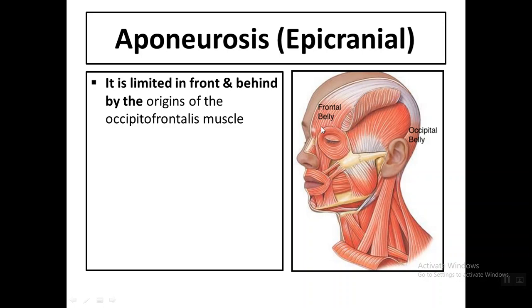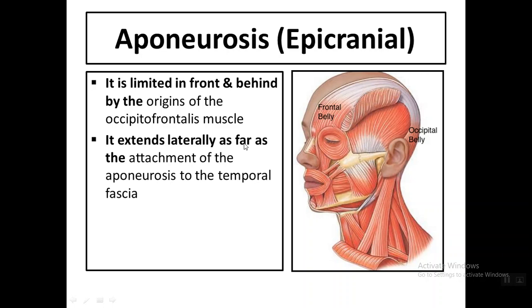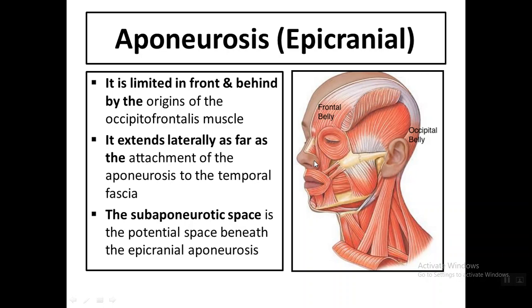Anteriorly is the origin of the frontal belly and posteriorly is the origin of the occipital belly of occipitofrontalis muscle. It extends laterally, as we said before, as far as the attachment of the aponeurosis to the temporal fascia.